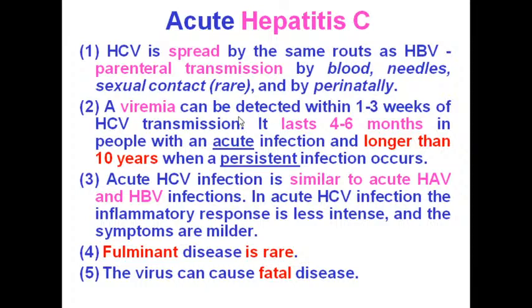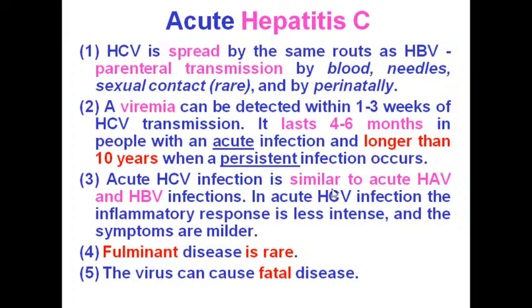So, a few words about the pathogenesis and spread of hepatitis C. It spreads by the same routes: parenteral transmission, blood, needles, then sexual contact is very rarely effective in transmission, and also perinatally. Viremia can be detected within the first 3 weeks of hepatitis C transmission, but then it may last up to 4 to 6 months in people with an acute infection, and much longer, for example decades, when a persistent infection occurs.